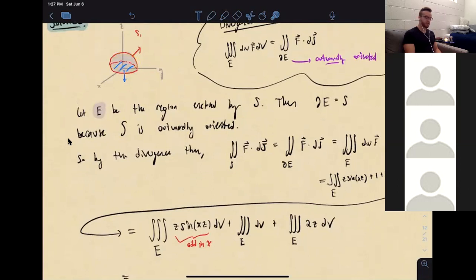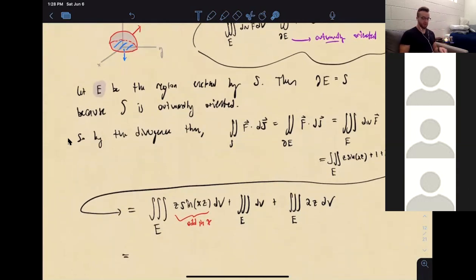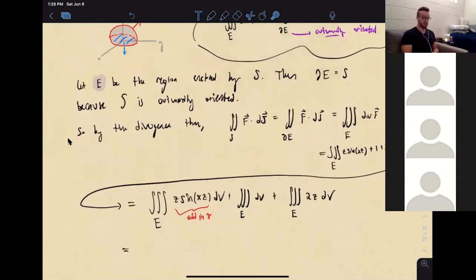X equals 0 is the YZ plane, and if you chop the region with the YZ plane, it looks the same on both sides. So we have symmetry of both the region and odd symmetry of the integrand. That tells me without any computation that this is going to be 0. So this first integral is 0.